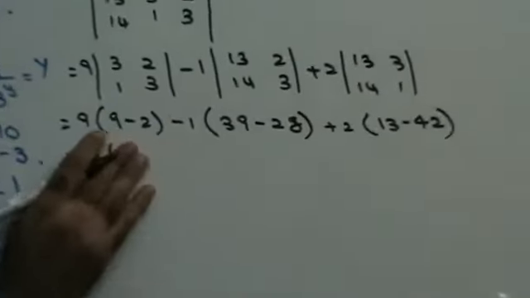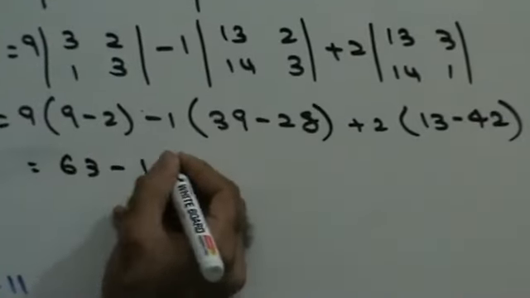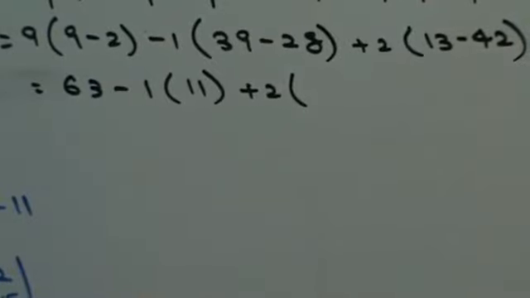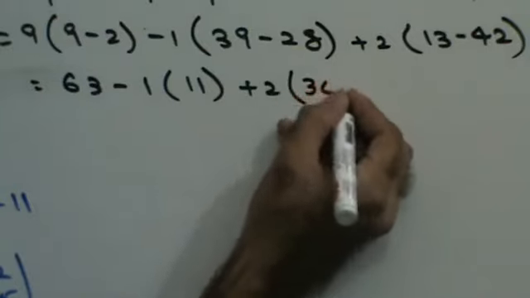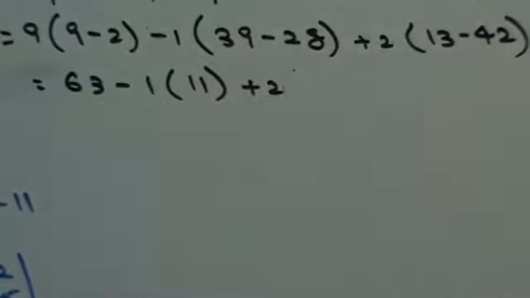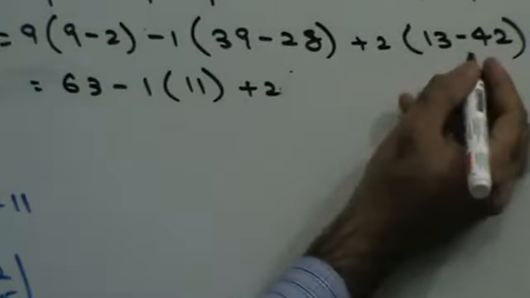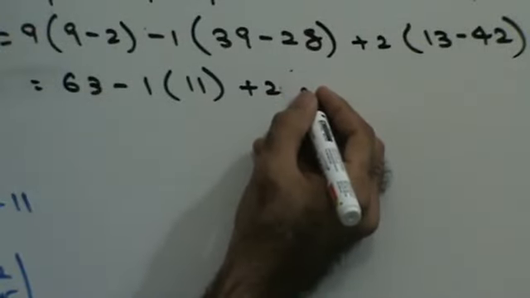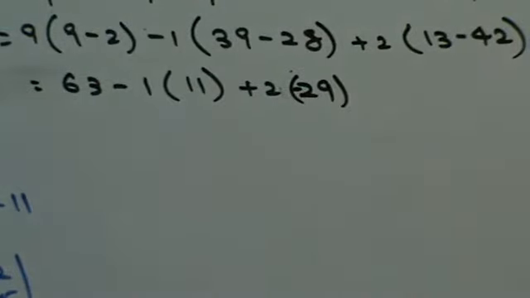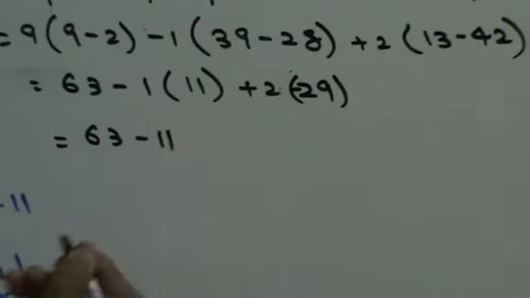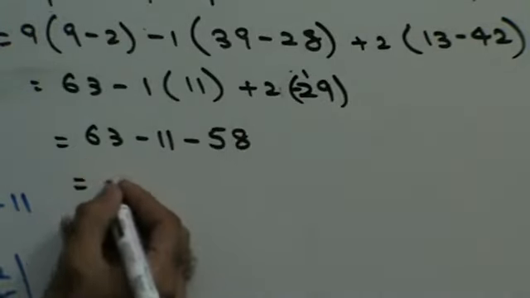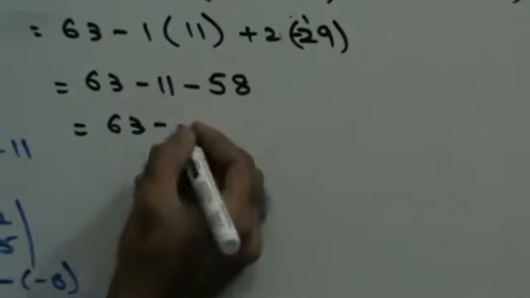This is 9 times 7, 9 7s are 63, minus 11, minus 9 2s are 18, 2 2s are 4, and 1 5.